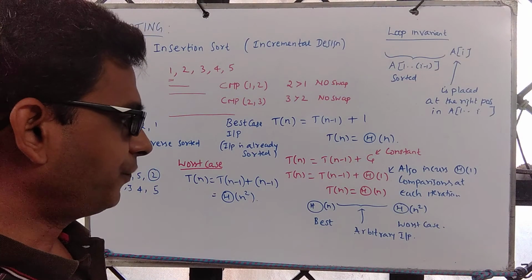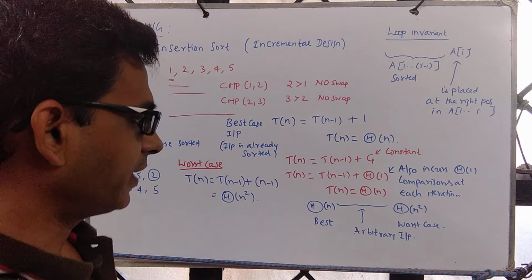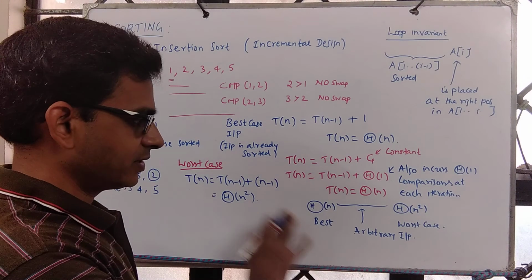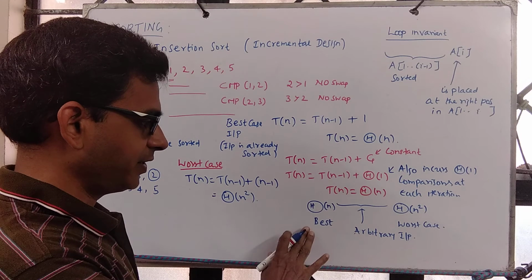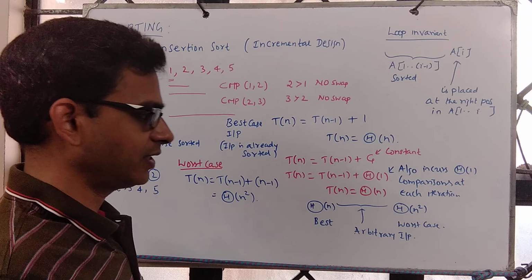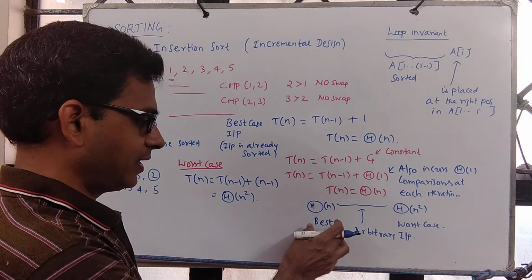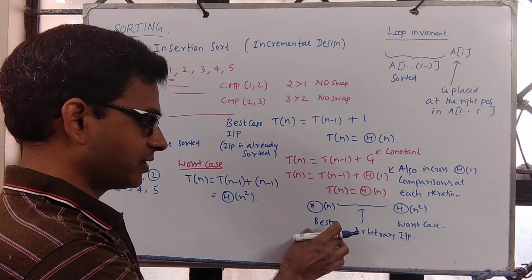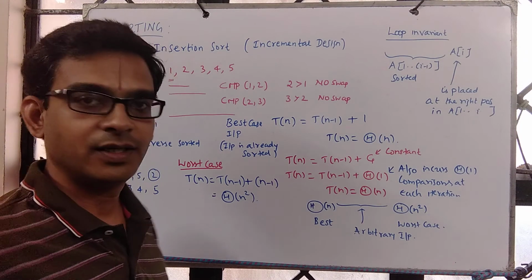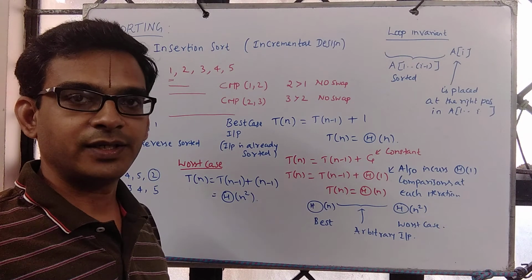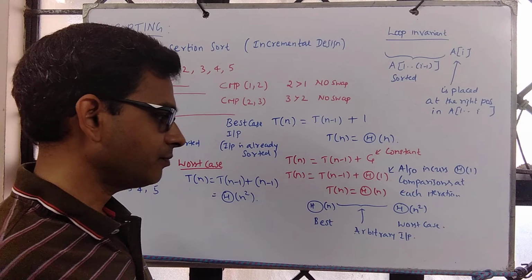But if you compare in the best case sense, yes, we made progress. If the input is already sorted or very few elements are out of order, the time complexity of insertion sort is theta of n, whereas selection sort and bubble sort take theta of n square.